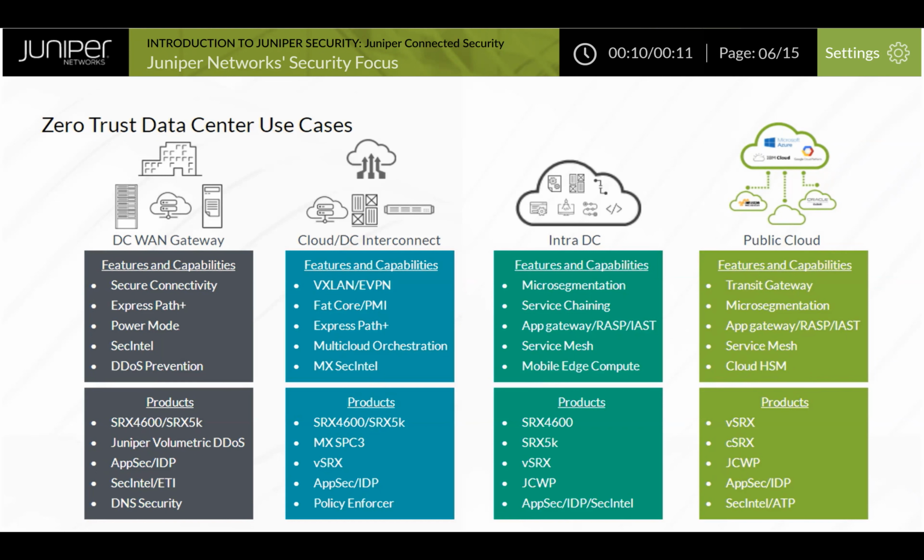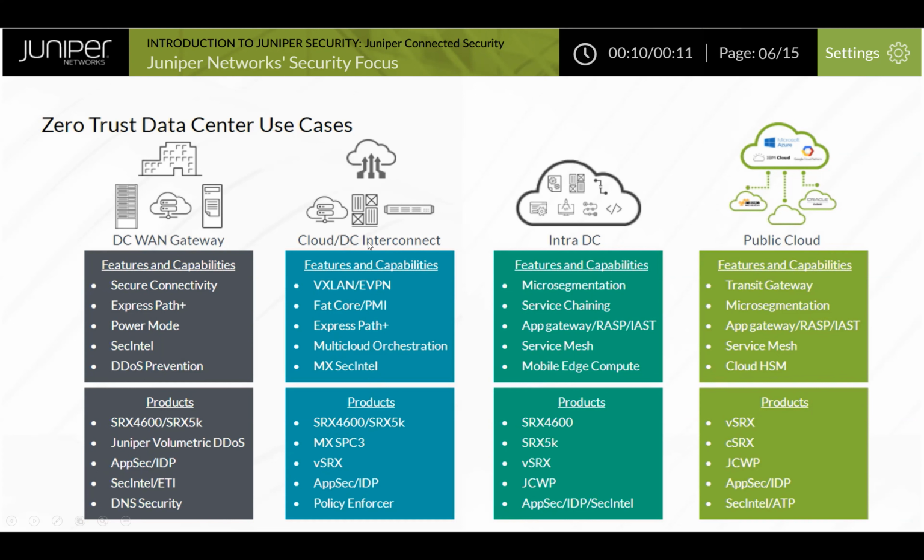To provide these features and capabilities, we need the products: SRX 4600 or SRX 5K, Juniper volumetric DDoS, app security or IDP, SecIntel ETI, and DNS security. These products must be available to secure this DC1 gateway.